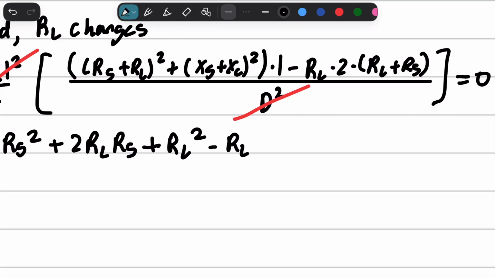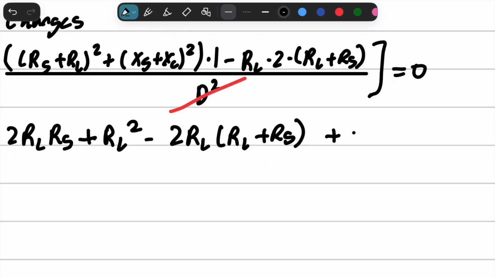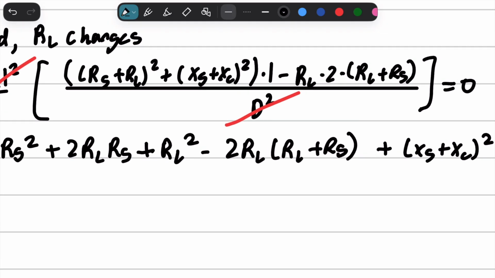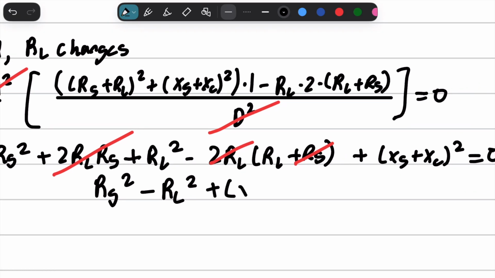Minus 2RL times RL plus RS. And then I'm going to move this out here, equals 0. We're going to see that these cancel out, and then we're going to get RS squared minus RL squared plus XS plus XL squared is equal to 0.